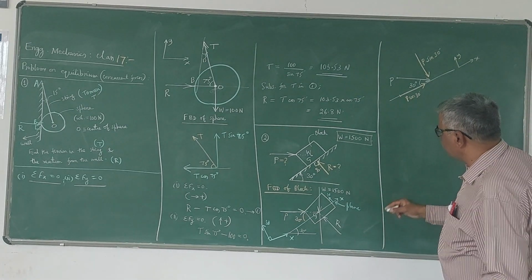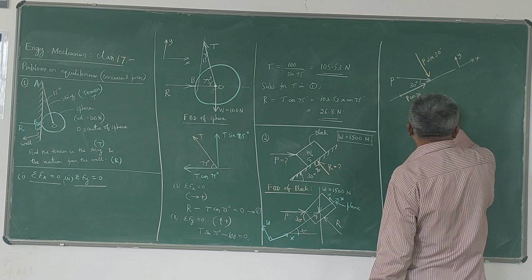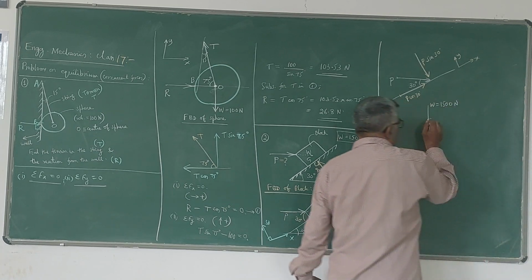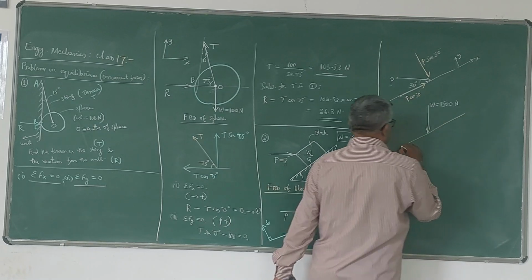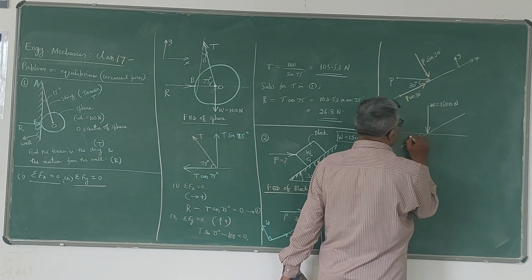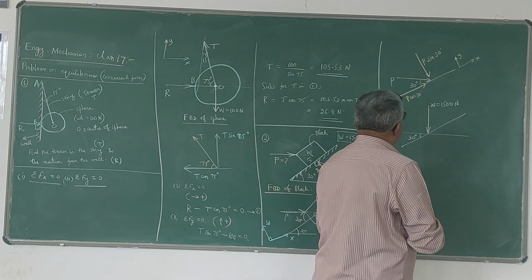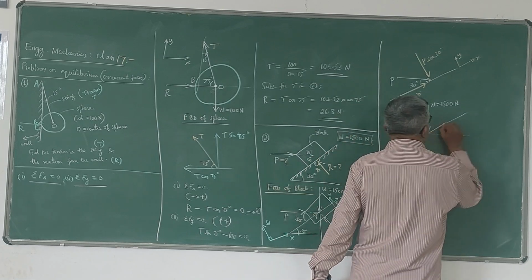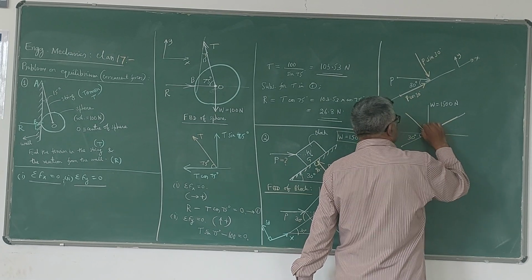Next I will take the second force W. W is acting like this, 1500 Newton. This step is very important. Once you resolve them, then you can easily apply the equations of equilibrium. Now the plane is like this. You can see that this is 30 degrees. If you resolve this into two components, along the x-axis this is the component, along the y-axis this is the component.